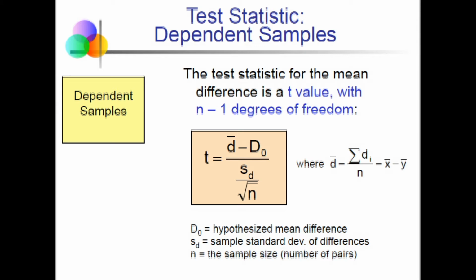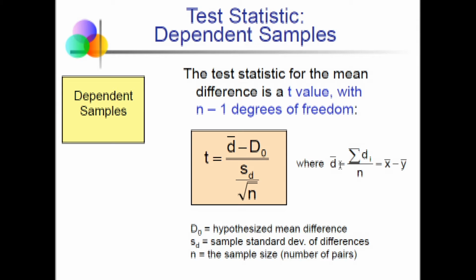So this is the formula for how we're going to find the t value. We first have to find the differences and the mean of the differences. Now, D naught here is the hypothesized mean difference.